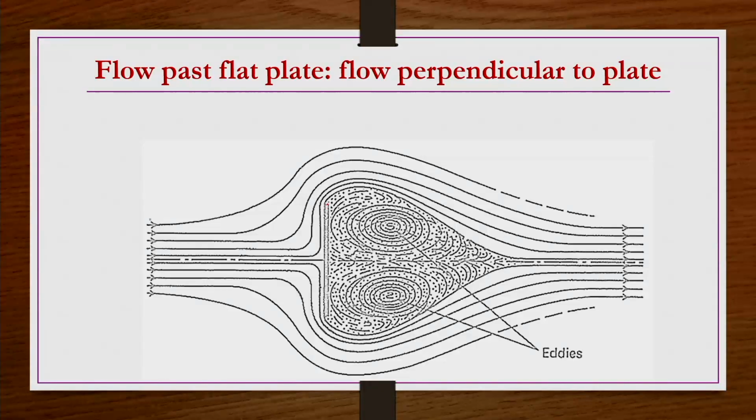In this orientation, because of the larger frontal area, the resistance due to the pressure component is more compared to the resistance due to the shearing component. So under such conditions, we have the same geometry like this here.